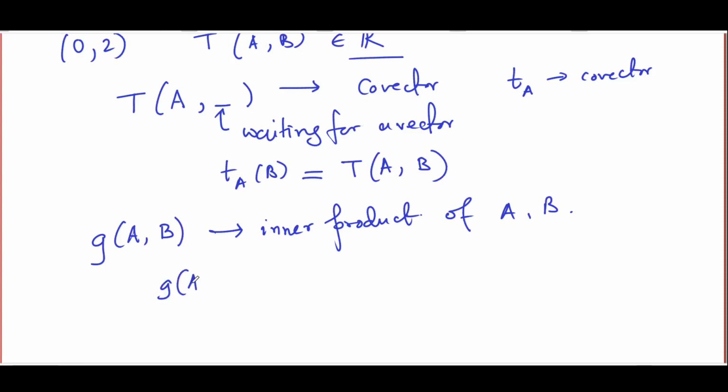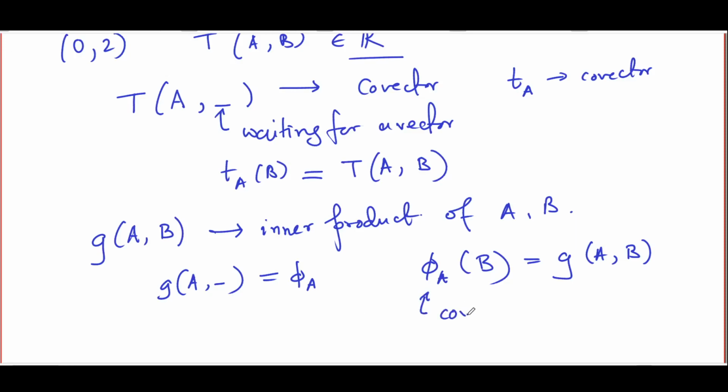Or you could take this object where one of the slots of G has been filled up with A, call it, let's say, phi of A, and phi of A is of course a covector, just as before, but its action on B produces a special number, not just any number, it produces the inner product of the vector A with B. So phi A acting on B is the inner product of A and B, and in that sense phi A is a special covector, it's a covector corresponding to the vector A in this particular sense.